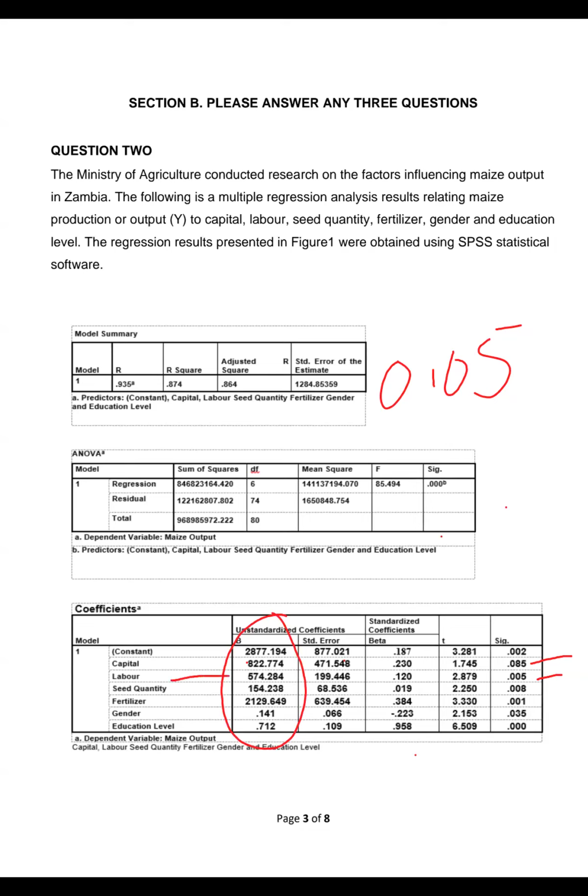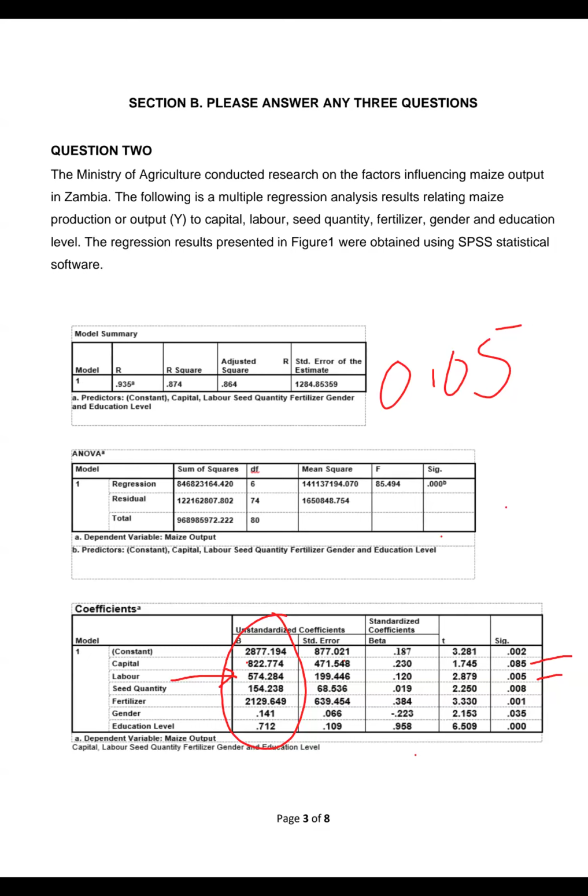Then for labor, similarly, a unit increase in labor or an additional person employed increases maize output by 574 units. An increase in the seed quantity increases by 154.